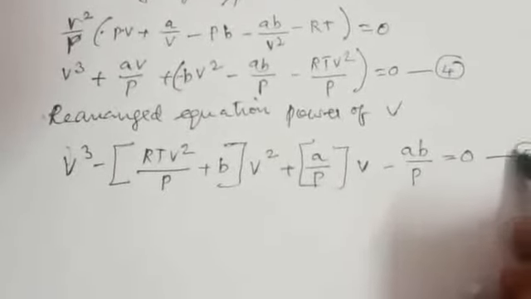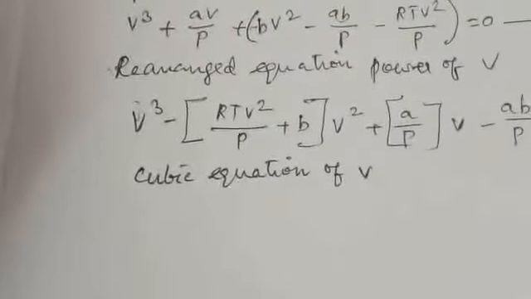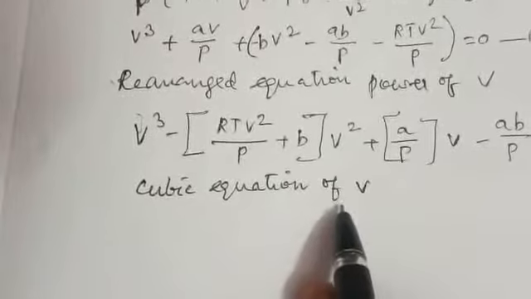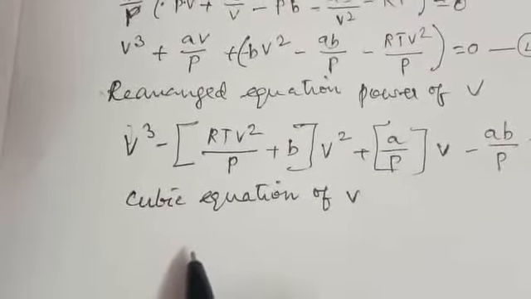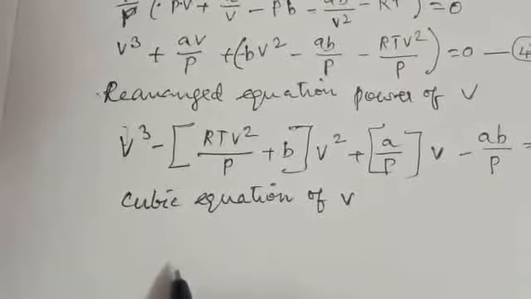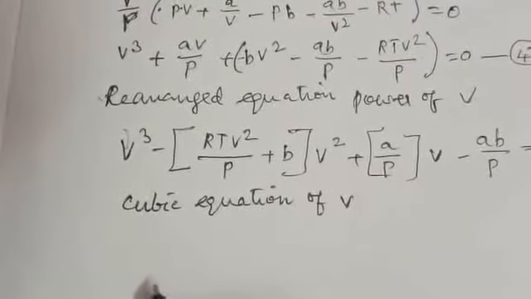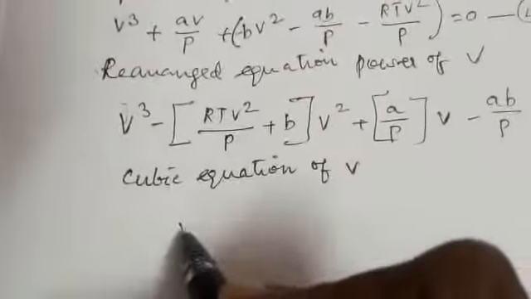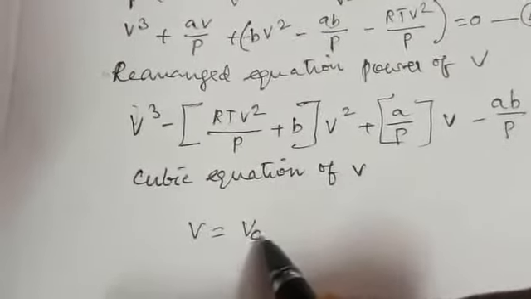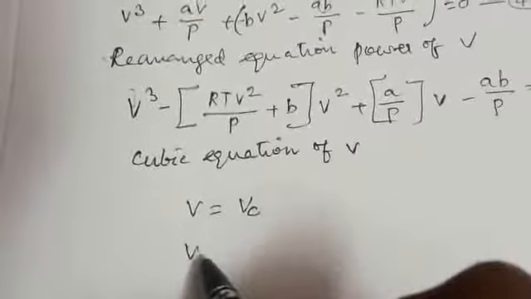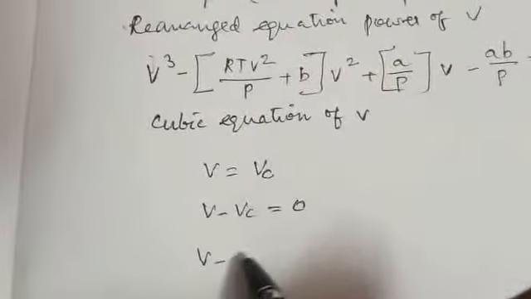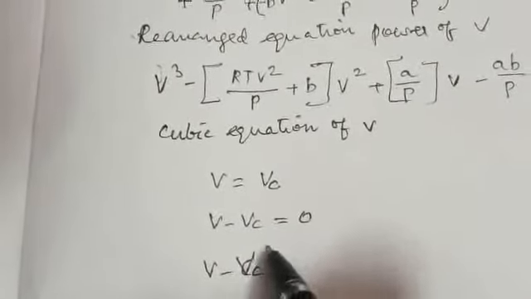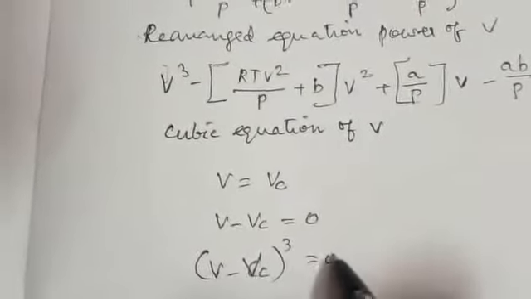Equation number 5. Cubic equation of V gets three solutions. Critical point of these three solutions: V equal to critical volume, critical pressure, critical temperature. That means V equal to critical volume. So V minus Vc equal to 0. Next V minus Vc cube equal to 0.